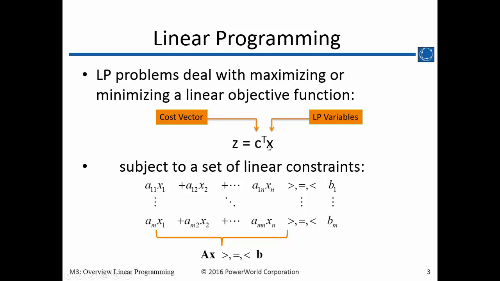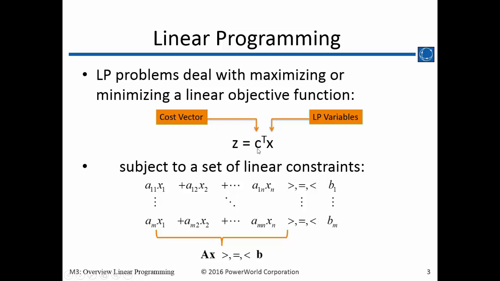So the x are the control variables. You can think of that in the simple case where only generators are controls. It's the megawatt output of each generator, and then there's a cost associated with that megawatt. So the total cost of operating the system is just the sum of all those products together.